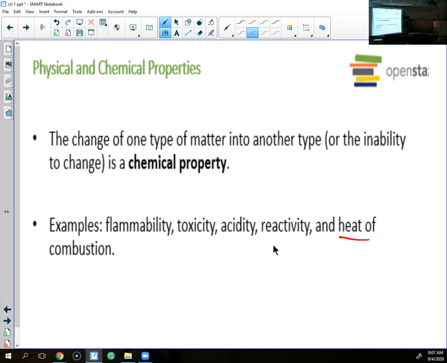This word right here, you'll learn it later, but it just means the energy it gives off when you burn it. There are tons of examples of both, but just think: if it changed its chemical composition, it was a chemical property. If it didn't, it was a physical property or physical change.